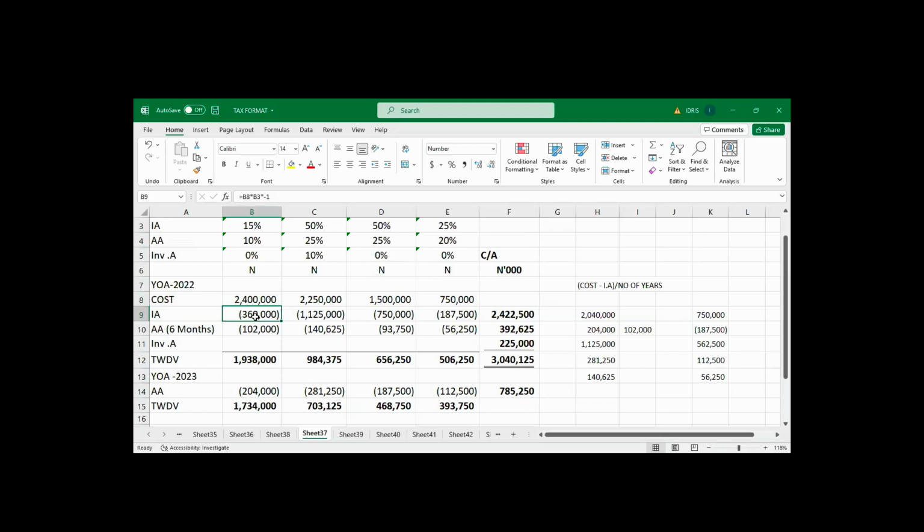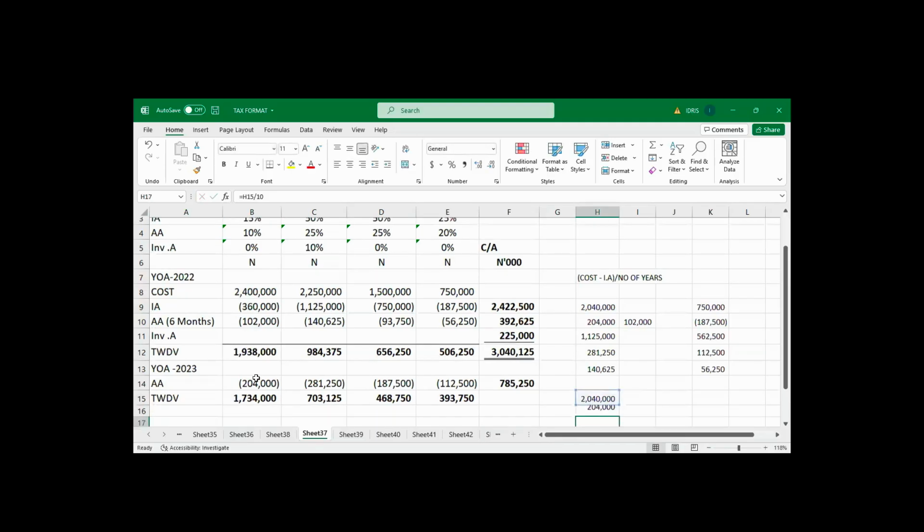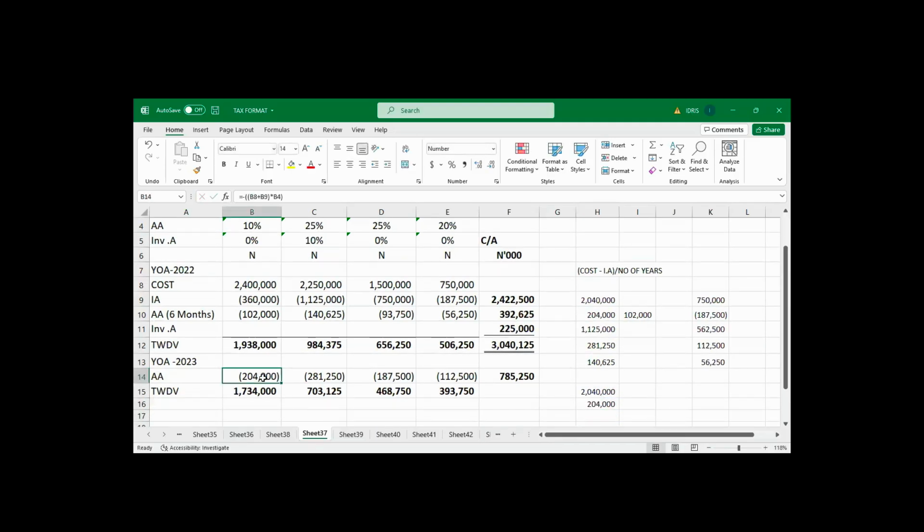Divided by the number of years, how many years did the building span? 10 years. So I'm going to divide the cost minus initial allowance by 10. That gives 204. That means my annual allowance for 2023 year of assessment will be 204.